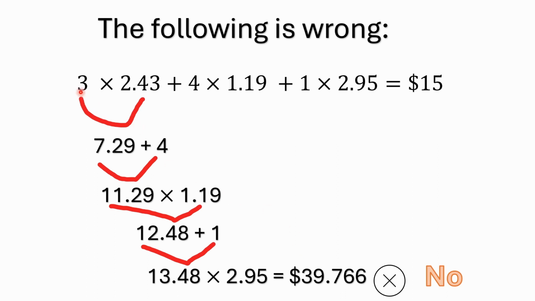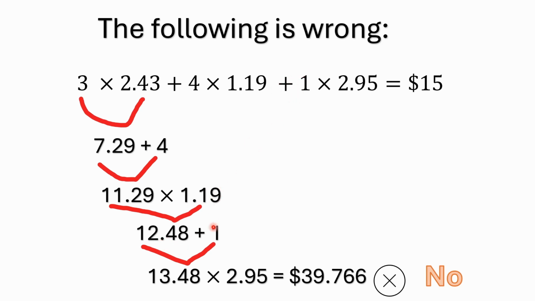What they do is they would come in here and do the multiplication. 3 times 2.43 gets 7.29. Then they immediately add the 4. They're ignoring order of operations. They're just going left to right. So 7.29 plus 4 is 11.29. Then they'd be multiplying by the 1.19, getting 13.43.